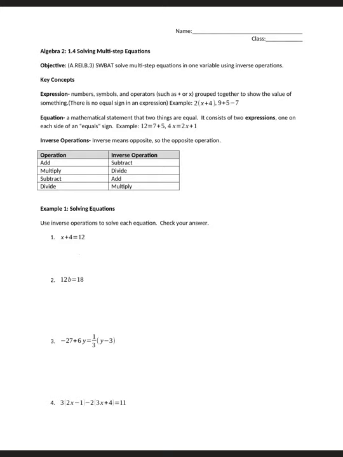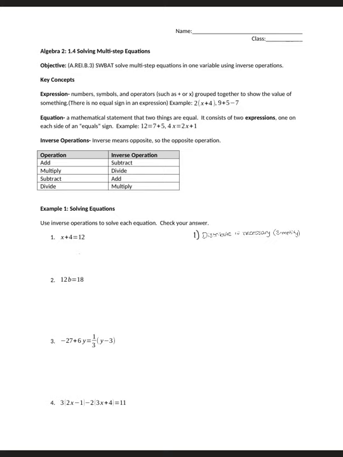So the first thing that we want to do is distribute if necessary. So if there's a set of parentheses that requires us to distribute, we want to do that. Or simplify. This can also be simplify. Okay.